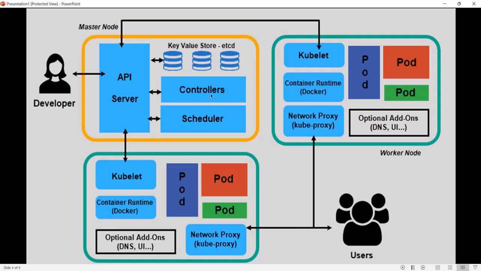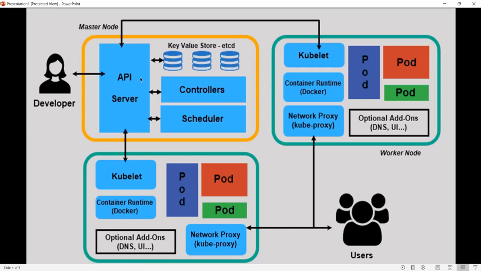The controller is responsible for any new requirement or any type of management part. So the API server will say, hey, a new requirement came that we need to create a new pod. And the controller will say, okay, I am happy with that, I will help you create it.